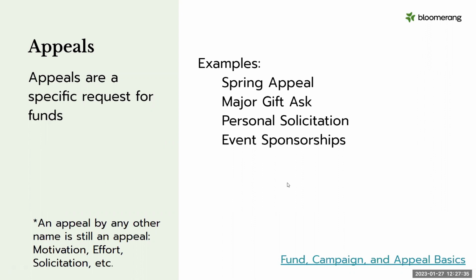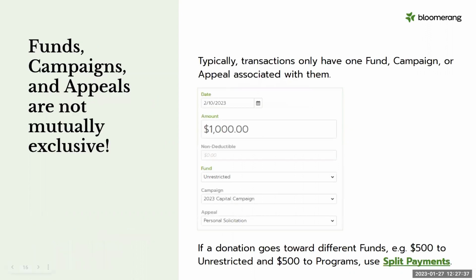Now, putting this all together of funds, campaigns, and appeals, funds are the only required field. However, try to fill in as much information as you can at the point of data entry. Talk through and document your data entry procedures so you don't have to spend a lot of time correcting that data afterwards. Now, typically transactions only have one fund, campaign, or appeal associated with them.